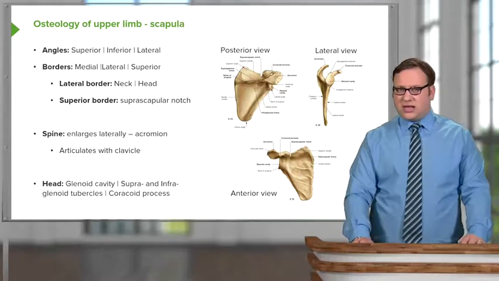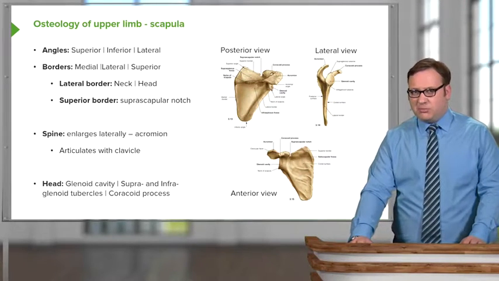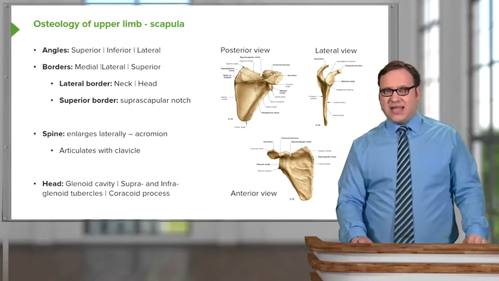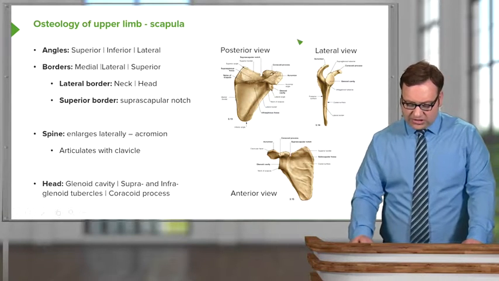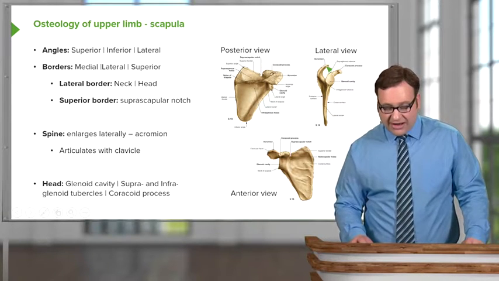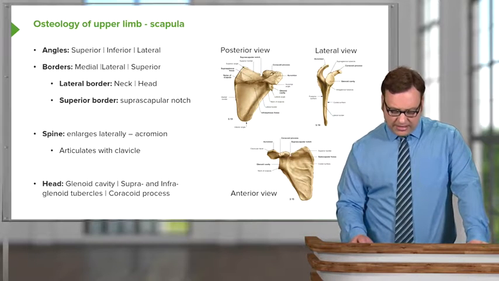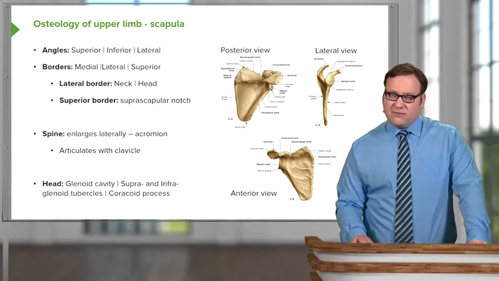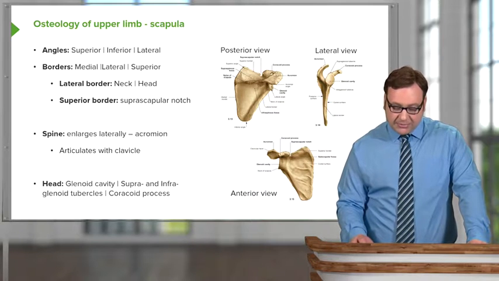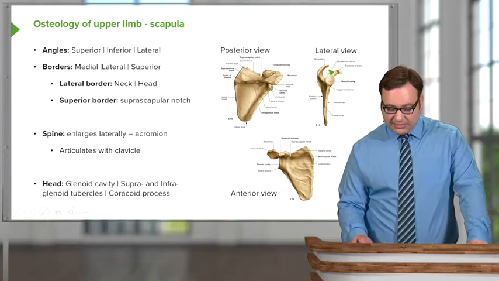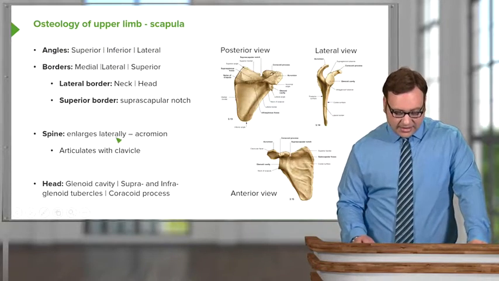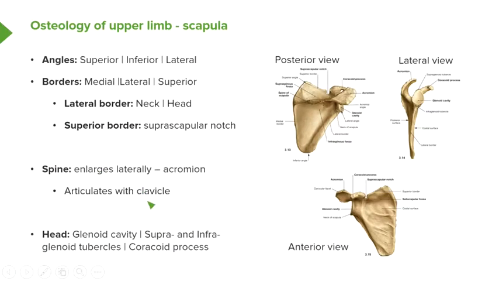That's important, as we'll come to realize, because it can help to prevent superior dislocation of the humerus. And remember, in a few slides previously, we had the acromioclavicular ligament, a ligament attaching from the acromion to the clavicle, and we'll come back to that. So we've got the spine of the scapula, and it articulates with the clavicle.